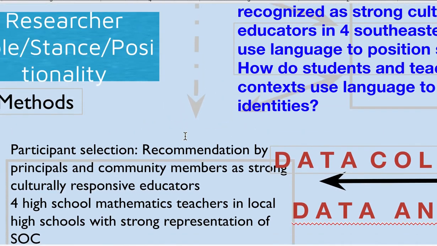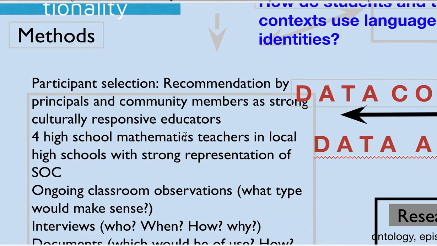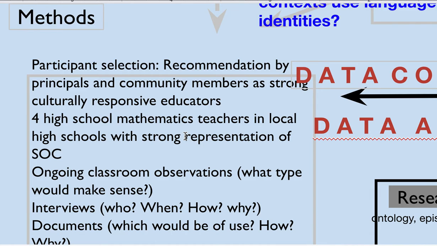Because the goal was to look at strong culturally responsive educators, the participant selection was by recommendation by principals and community members as strong culturally responsive educators. And I hypothetically chose 4 high school mathematics teachers in local high schools with strong representations in the school of students of color. The data sources would be ongoing classroom observations.